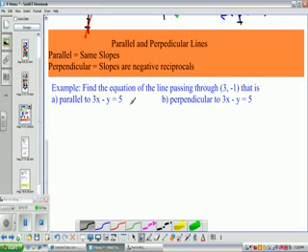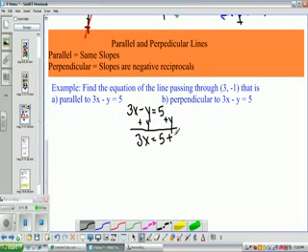The first thing we're going to want to do is take that 3x minus y equal to 5 and get it into slope-intercept form. I'll add y to both sides, and there's more than one way of doing this. Some of you might have looked at that and said, well, I can subtract 3x, that is fine.